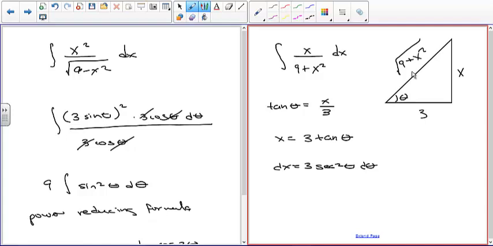And why is that? Because I want this term to just involve a constant factor. If I used the sine, then I'd have x and this thing.